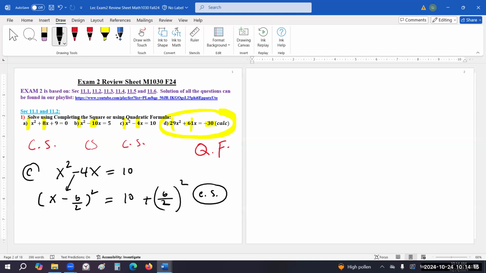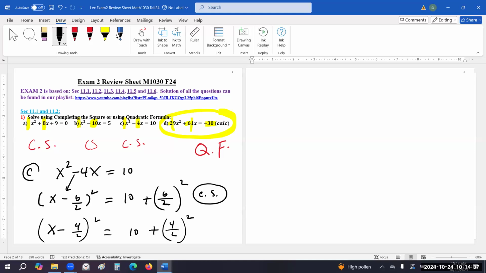So this thing becomes x minus, what is our b here? So 4 over 2 square, and then we add 4 over 2 whole thing square. And you're done with complete the square.